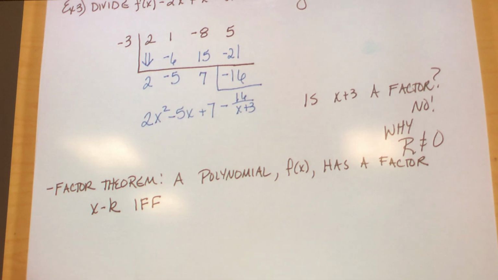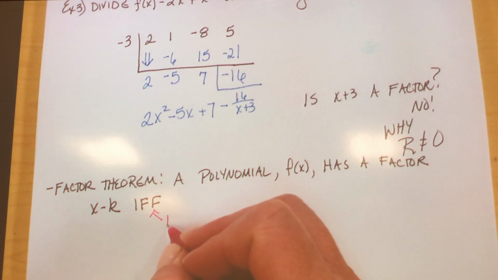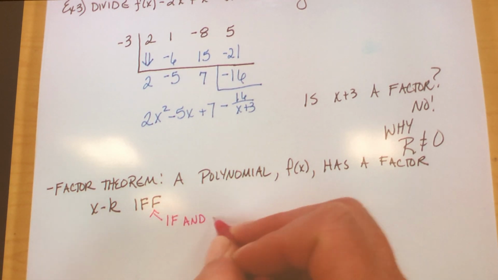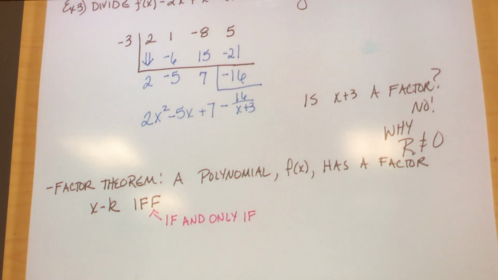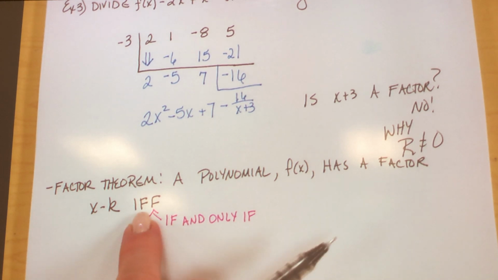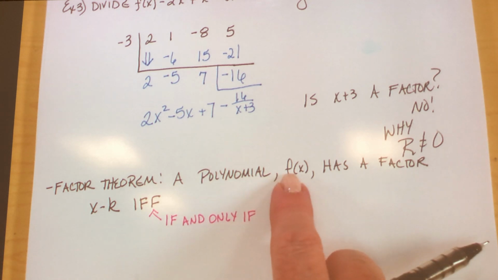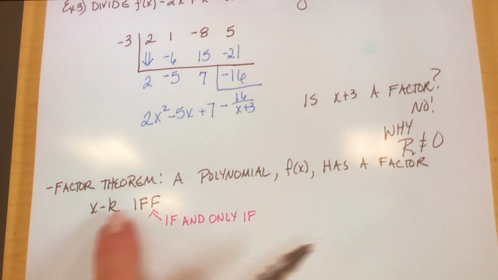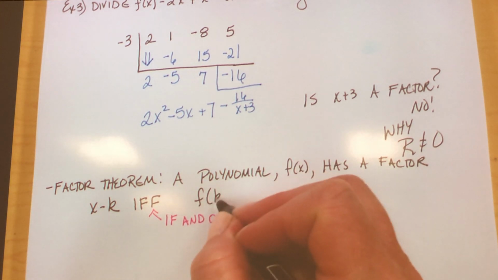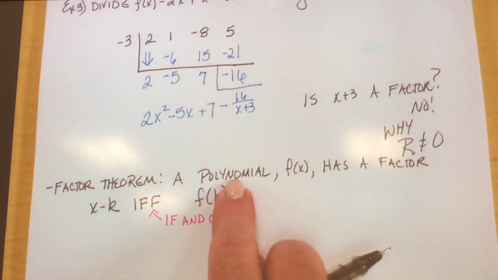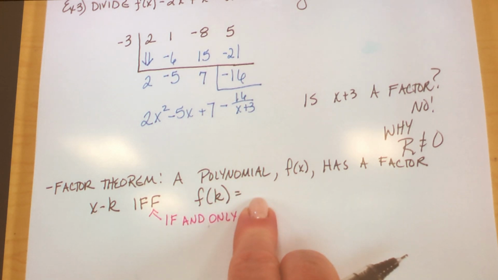and then this symbol. Have you ever seen that? It means if and only if. It's a math thing. It really came from actual set notation. So this polynomial f of x has a factor x minus k if and only if f of k, when you plug k in the polynomial, what should you get?